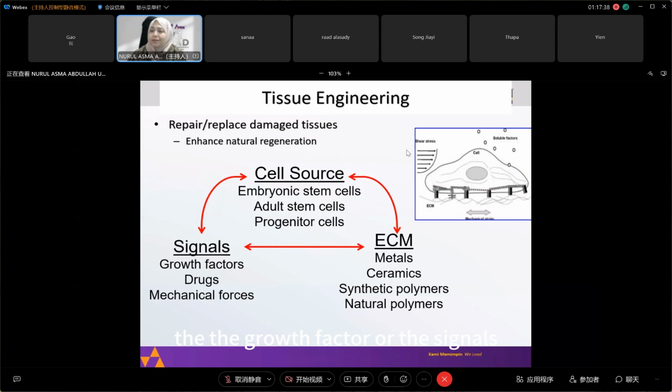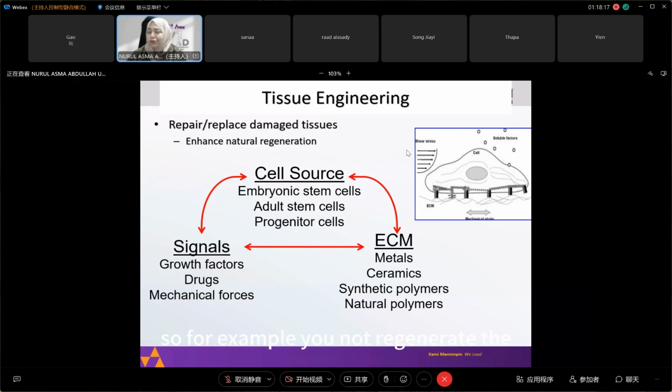Second, the growth factors or signals, which can come from growth factors, transcription factors, or drugs you can add during the treatment. And also the extracellular matrix, ECM. This extracellular matrix basically acts as a scaffold, a base for the cells to grow.